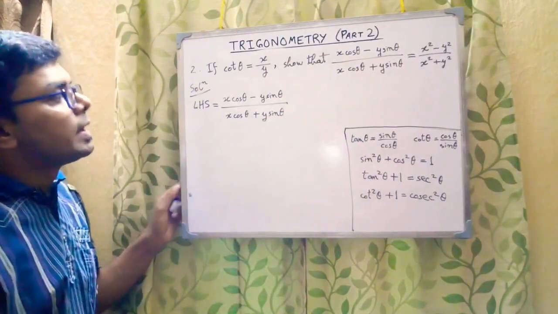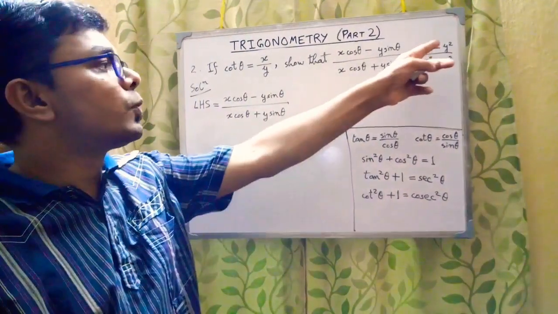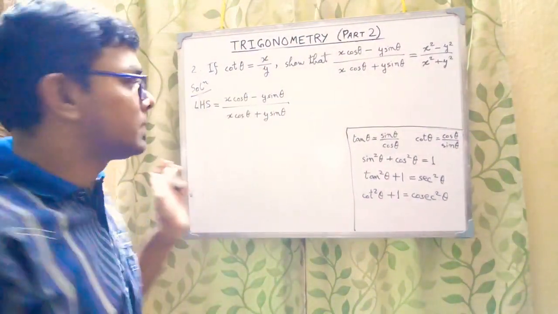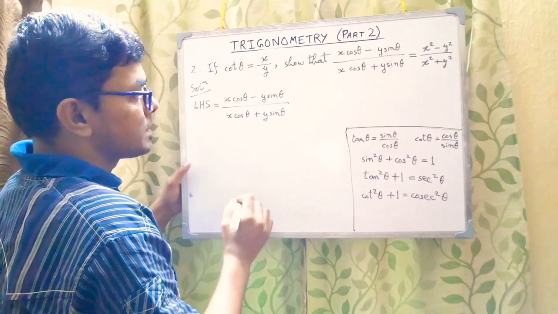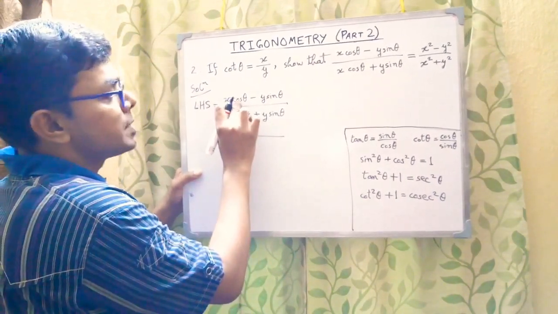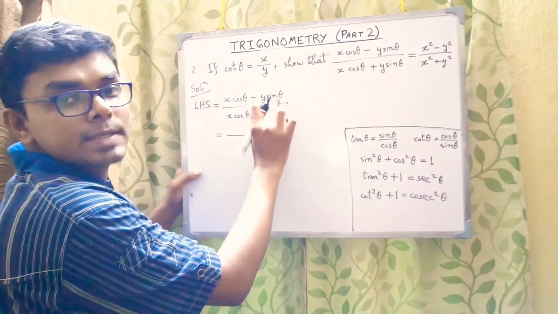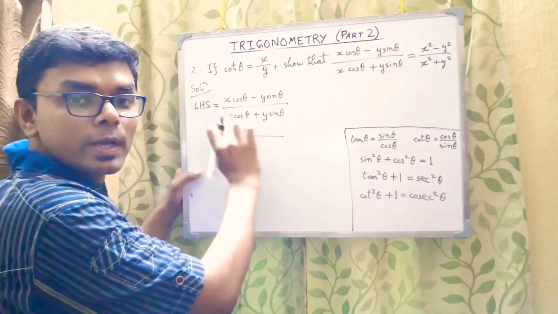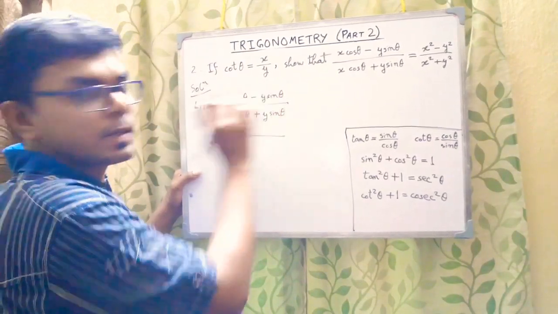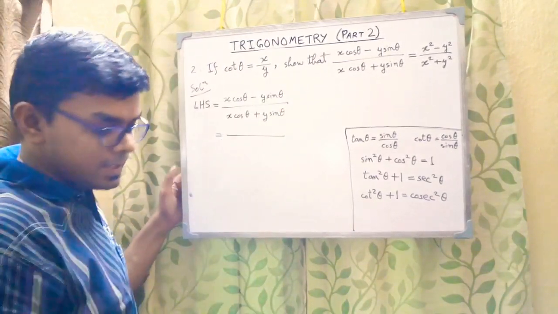Okay, now we have to prove that this equals this. We are provided with the value of cot theta. Now what we do is, cos theta appears here and sin theta appears here, both in the numerator and the denominator. But we don't know the value of cos theta and sin theta. So this can be done in a very simple way.